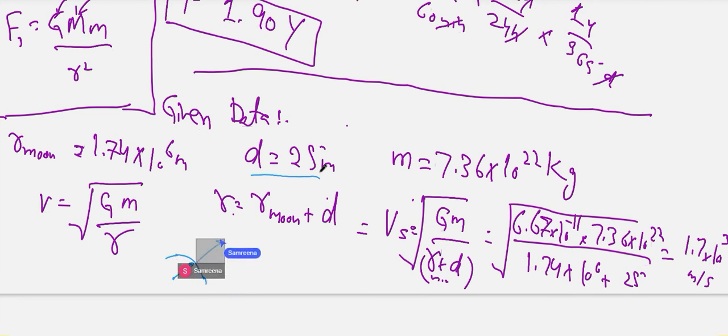So we have to add this 25 to the radius of the moon. As a result, r moon plus d distance will become the total distance.